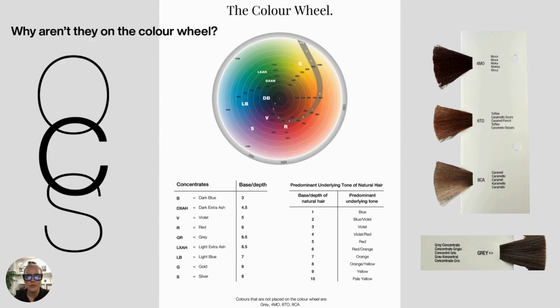So the 4MO has the violet red, the 6TO has the red orange, and the 8CA has the orange yellow. The gray sort of goes against this theory in that there is a cooler option here within the mixed tones. So we have something else we can lean on to help neutralize or cool down some of our target shades.